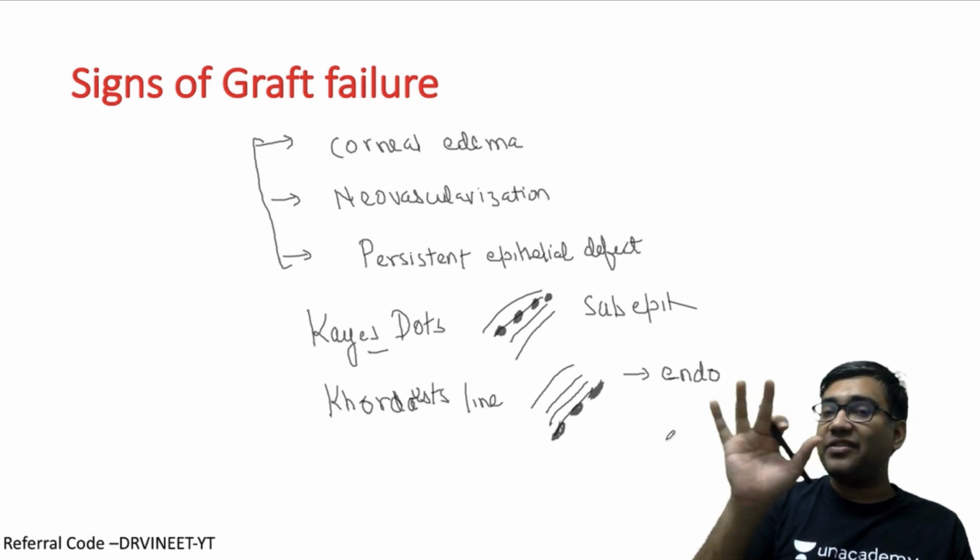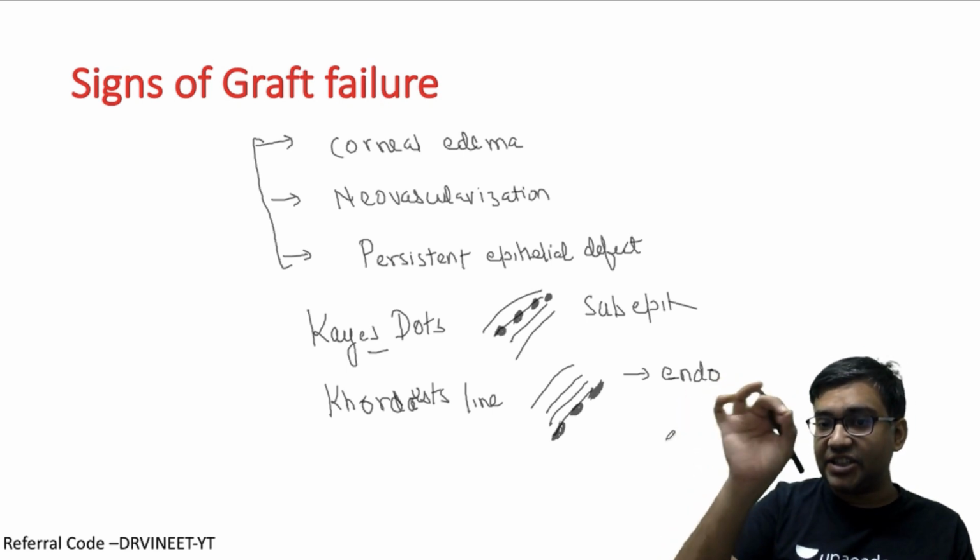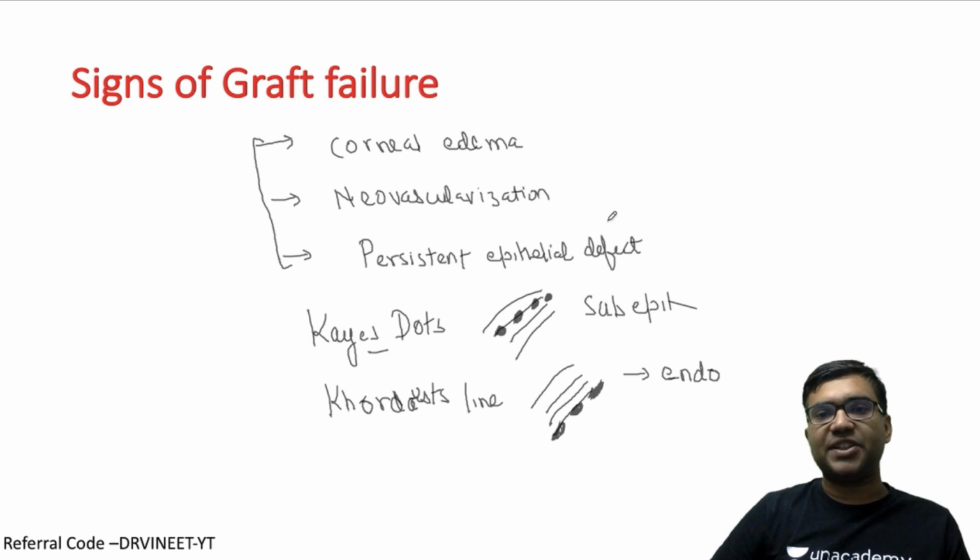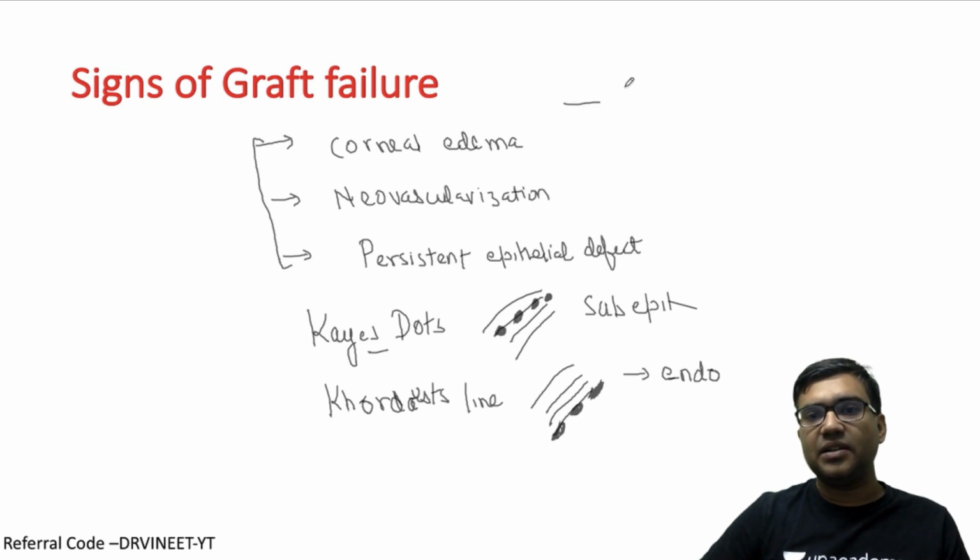Remember, whenever there is a graft failure, initially you can treat these patients with the intravenous methyl prednisolone.